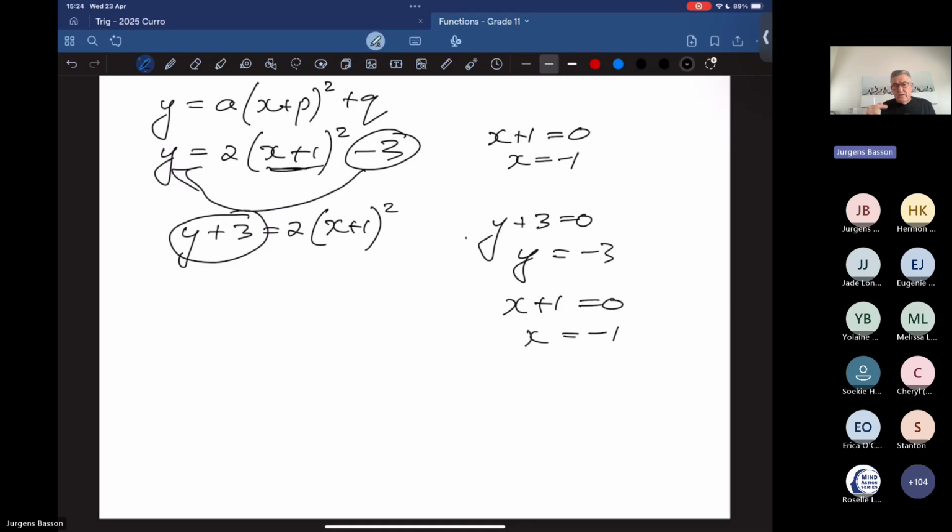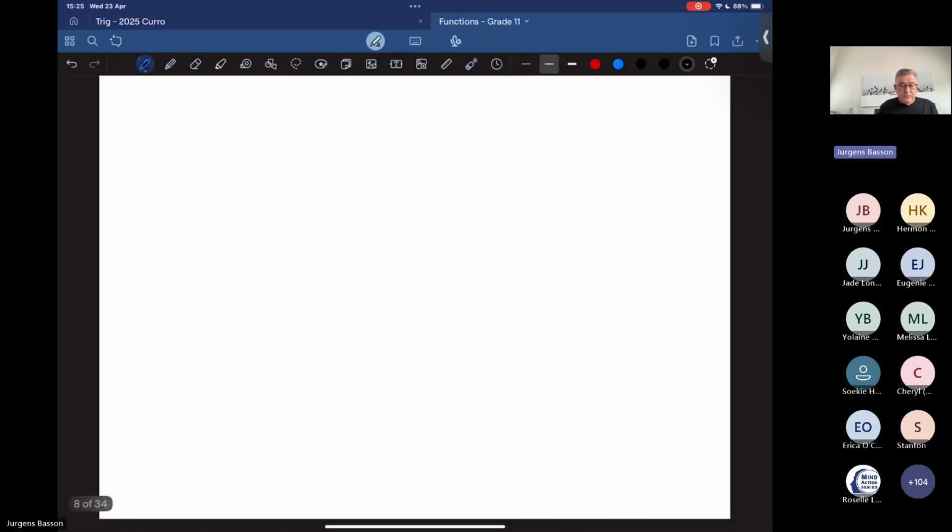Remember, a vertical change is a y change. So that's why the negative 3 belongs to y. But please don't tell your learners to write it like this. They will become totally confused. It's only if your learners ask you about this. And that was the reason I just wanted to show you.